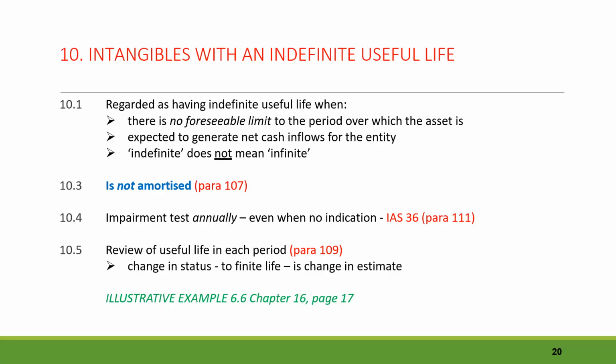Then we move on to an intangible asset with an indefinite useful life. And these intangible assets, because they don't get used up, right? If you're not using up the asset, it's not deteriorating, it's not depleting in any way, then there's no need to amortize that asset. Okay, it's staying, it's holding its value.